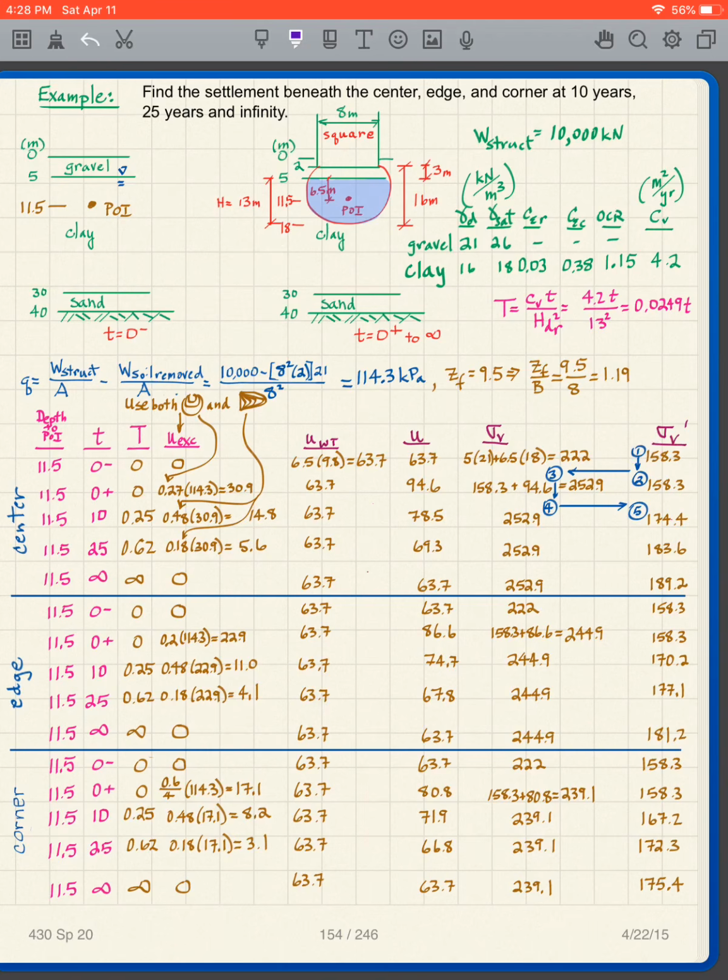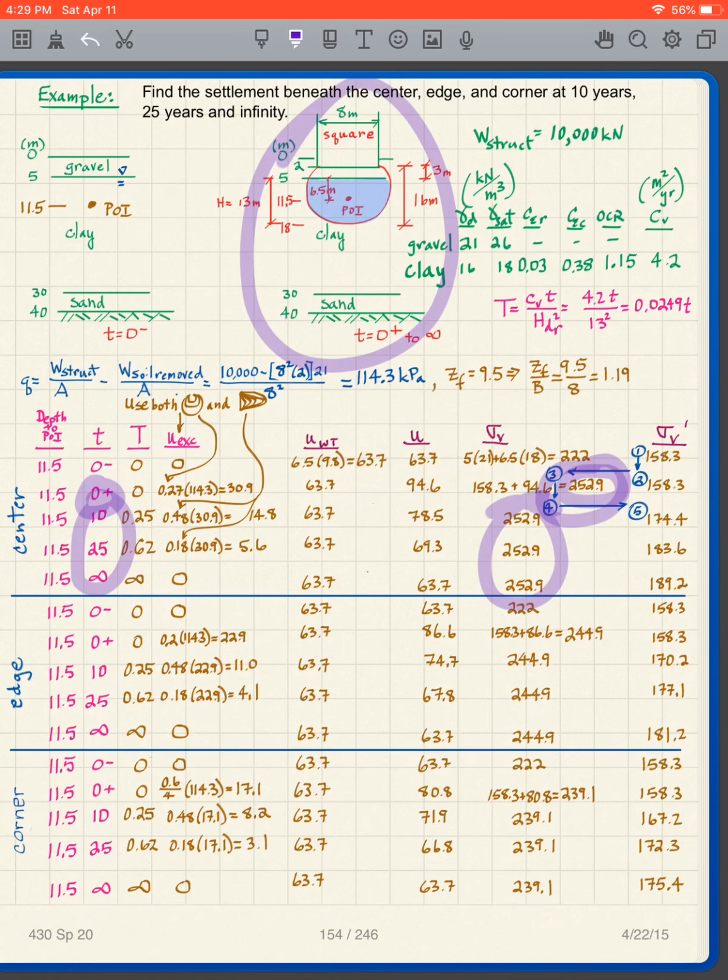So I get the 252.9 here for time t equals 0 plus. And what do I know? It's because the picture from t equals 0 plus to infinity is always the same. That doesn't change. All that means is that that value is going to be the same everywhere.